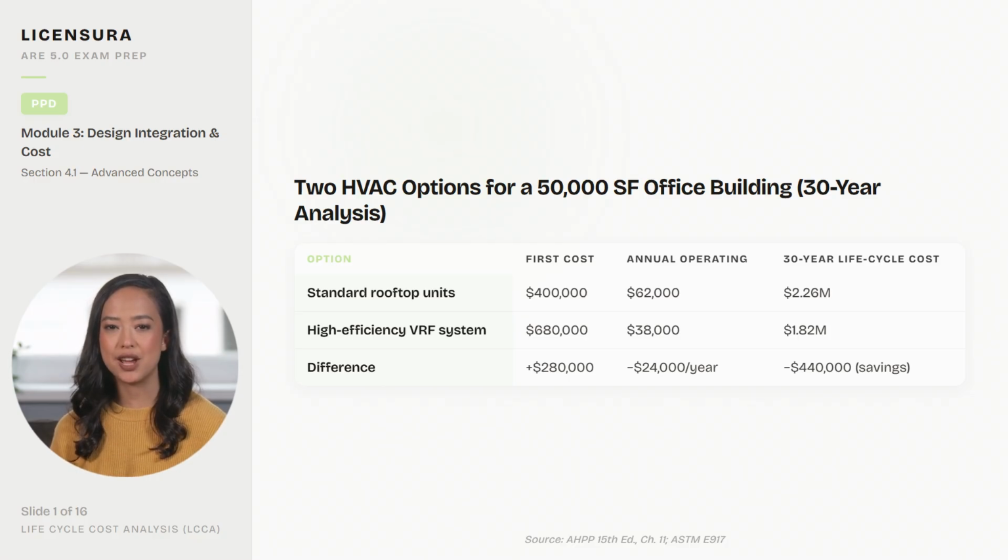Third, evaluate VE options that maintain function at lower cost. Fourth, prioritize with the owner to decide which VE items to accept. Fifth, adjust scope if needed through deferred work, phasing, or reduced program. Sixth, document every decision and its rationale. This systematic approach prevents reactive cost cutting.